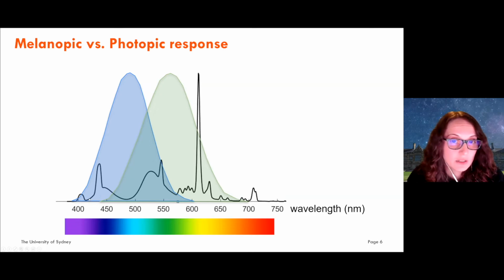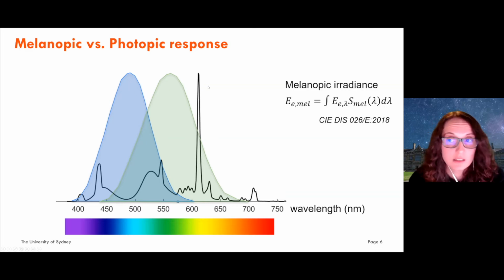And then, of course, depending on the spectral power density profile, there can be larger or smaller differences between the photopic illuminance and melanopic illuminance, which is why I think in models we need to account for the melanopic effects of light rather than use the photopic illuminance. And thankfully, we can calculate melanopic irradiance or illuminance if we know the spectral power density and the sensitivity of melanopic cells. That's pretty much just integration of the spectral power density weighted by the sensitivity curve.